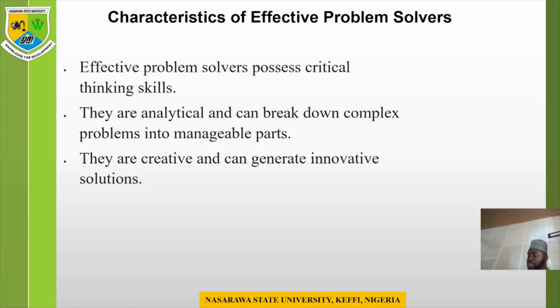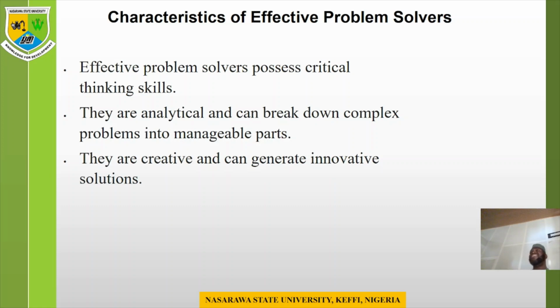You have to be logical in your problem solving. Look at things logically, and of course, you have to be evidence based. A critical thinker, whenever he's making a decision, it is evidence based. For instance, when you say the student you are admitting to study computer science cannot cope, what is the evidence?